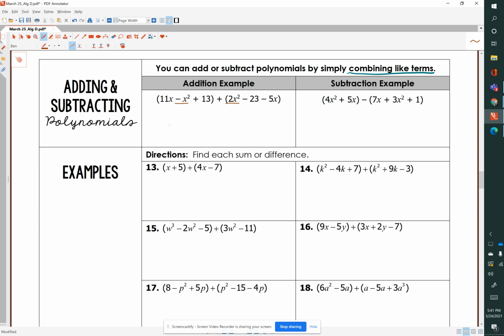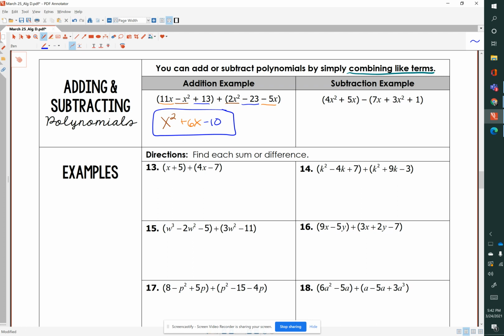So 2 minus 1 is 1x squared. So that's x squared. Now, we have 11x minus 5x, which is positive 6x. And I'll change the color one more time. We have 13 minus 23, which is negative 10. And that's our final answer.